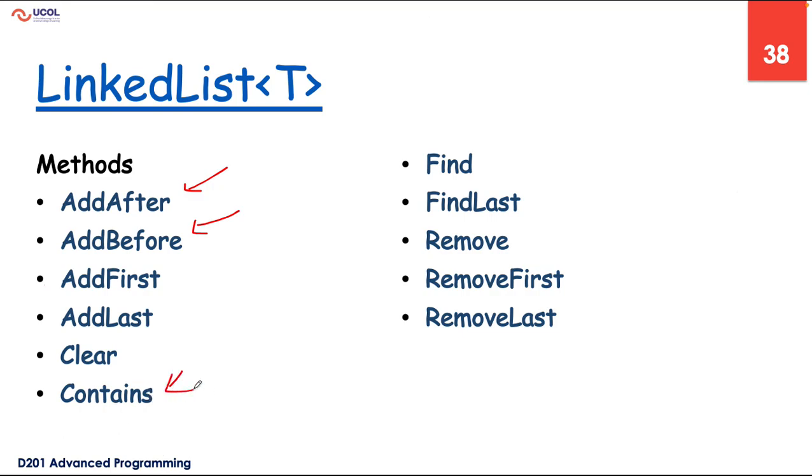Contains, we want to find out a specific element, searching for some element in the list. Find last, remove first, remove last. So all these methods are present in that linked list. And if you click on that particular link, it will take you to the documentation of the linked list on the C# documentation.